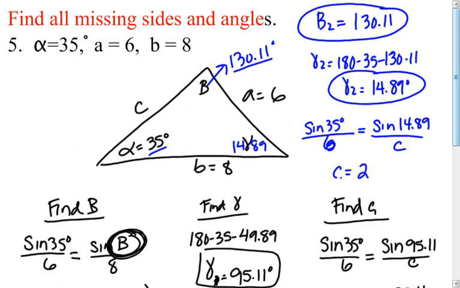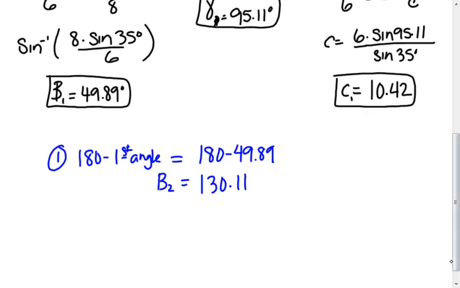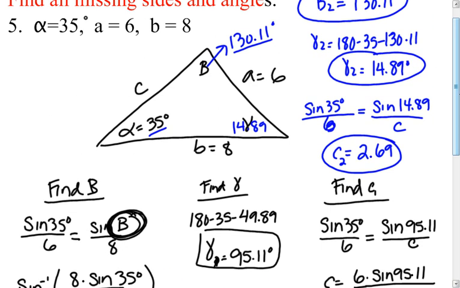You should get C2 to be 2.69. Okay? So this is one of those situations where you have two sets of answers. You have the set of answers that are in blue, and you have the set of answers that are in black. And you need both sets of answers. And again, you have to check for that when you've set up law of sines the first time and you're missing an angle first. Okay? So that is that.